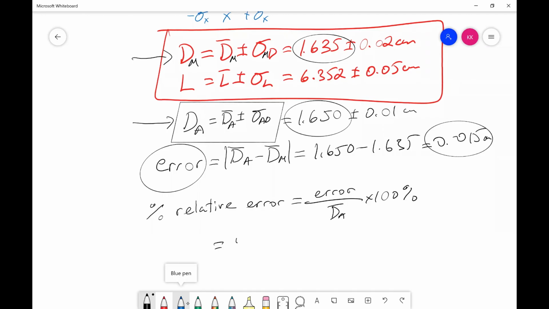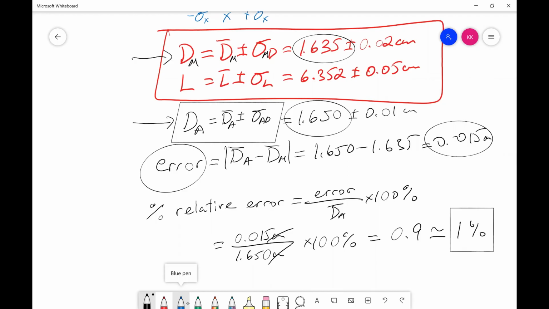Then I take the error, which is 0.015 centimeters, divided by the average of the accepted, which is 1.650 centimeters. You can see the units cancel out. Then multiply this by 100%. So let's do that. 0.015 divided by 1.650, times 100. I get 0.9, or roughly 1%.